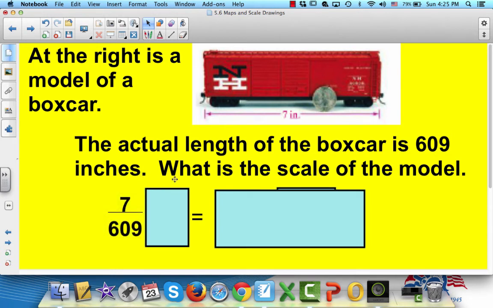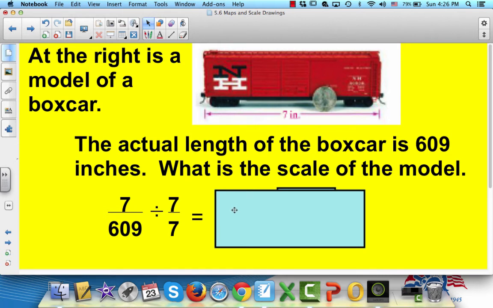Now, how do we get the inches to be 1? It's the same thing when you were doing unit rates, okay? When you were doing unit rates, the thing that you wanted to become 1, you divided it by itself. So which one are we going to divide by itself? Right, the 7. So we divide both of them by 7. If we divide the top by 7, we're going to divide the bottom by 7.